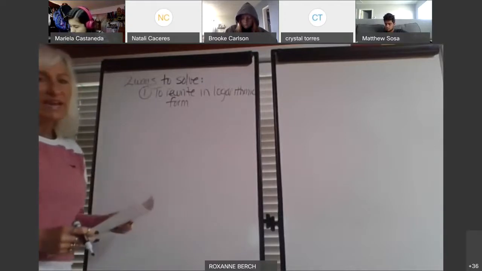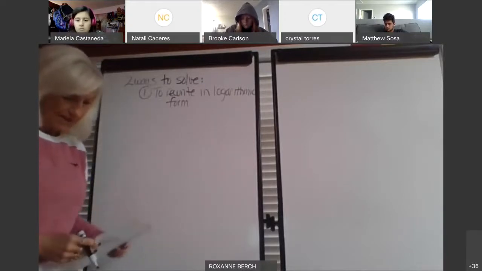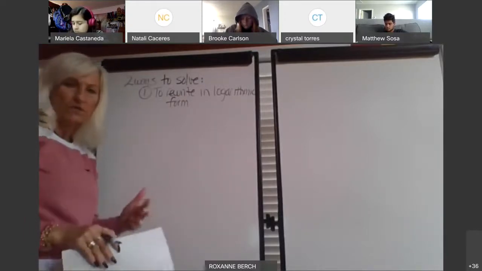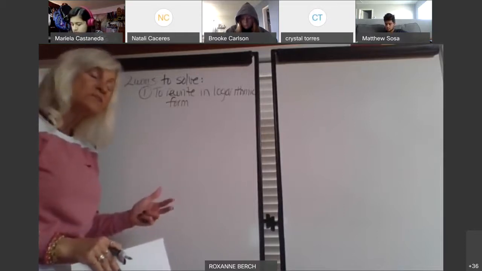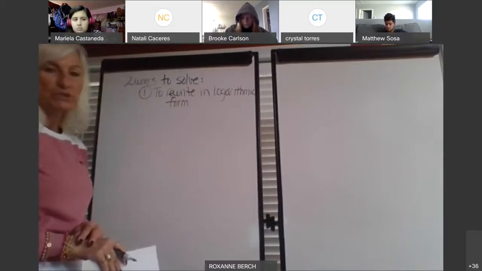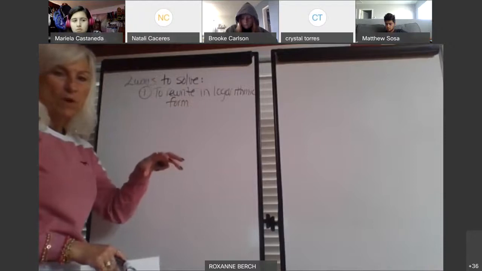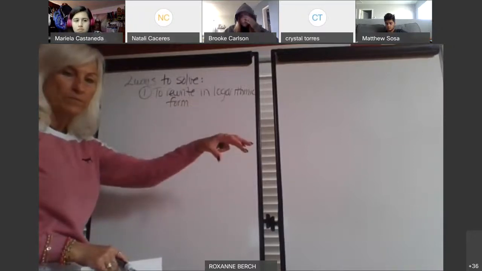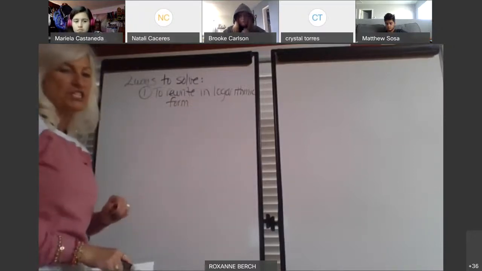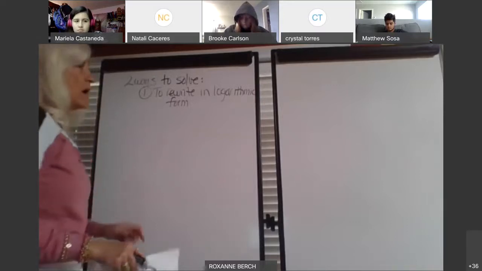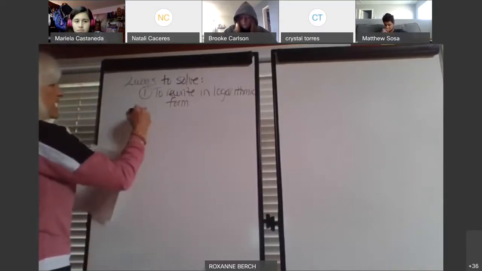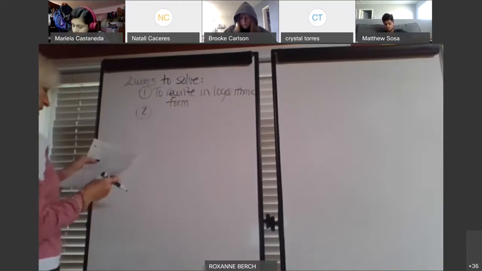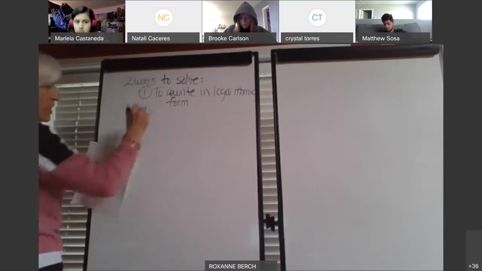So if you remember at the beginning of when we started talking about logarithms, I showed you the logarithmic form and its exponential form. That definition is what I'm talking about. And so you'll see me work those problems. The second way to do it is using the property of equality for logarithms.